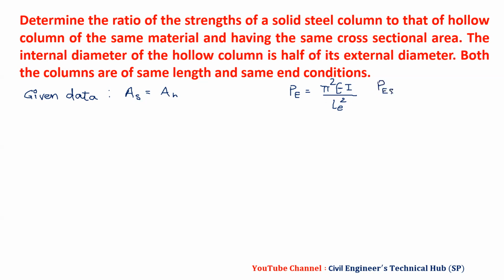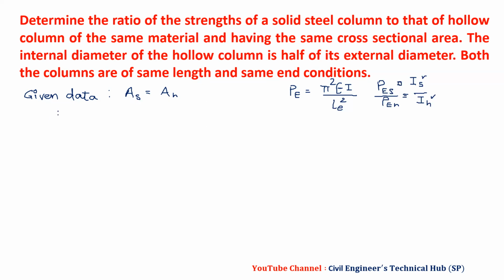PE of solid column is proportional to I of solid column, and PE of hollow column is proportional to I of hollow column. So we have to find I of solid column and I of hollow column. Now for that we require a diameter.